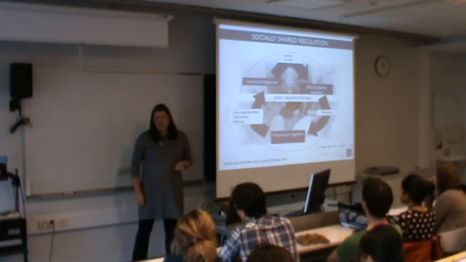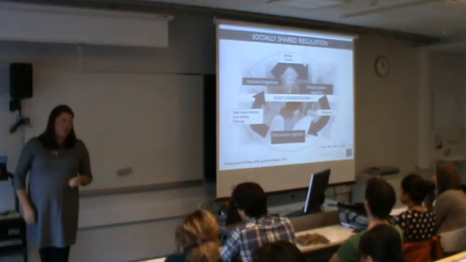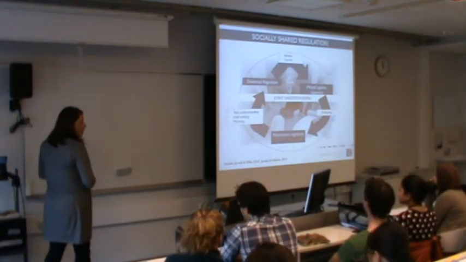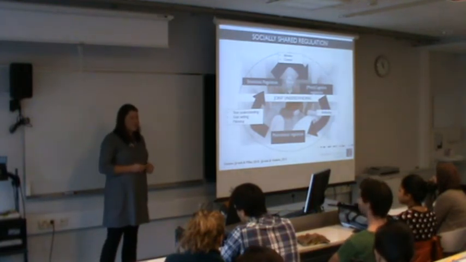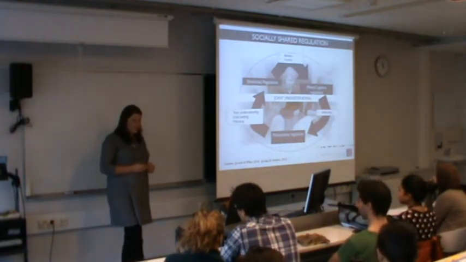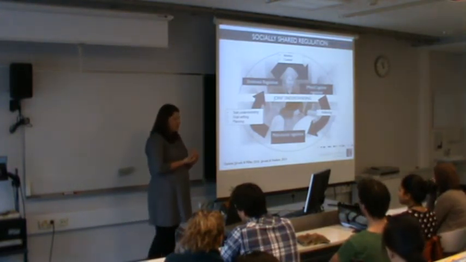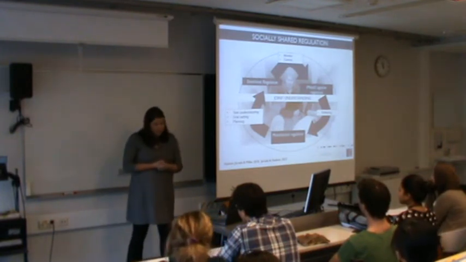So the phases that emerge in socially shared regulation of learning are the same as in self-regulated learning. But this time, it requires each individual member of the group to explicitly state to the other group members what they think the task or the goals are.